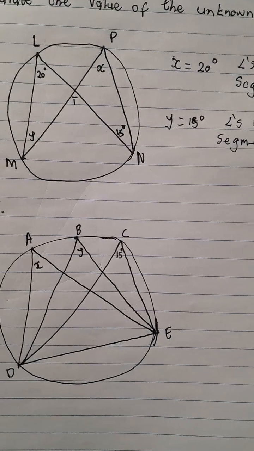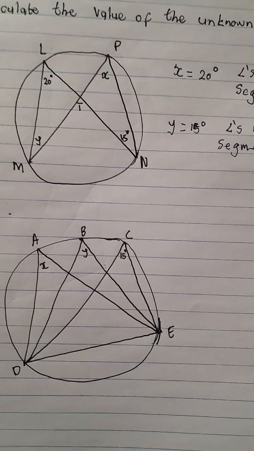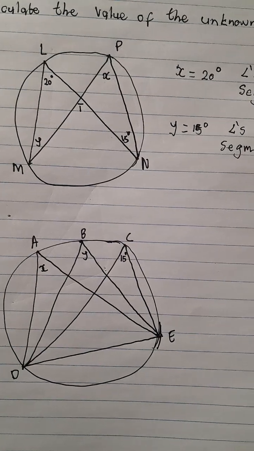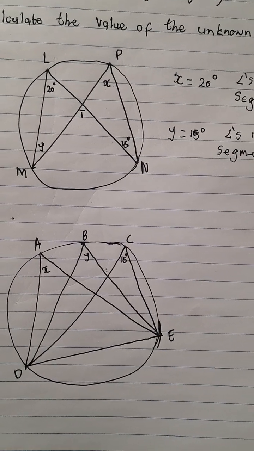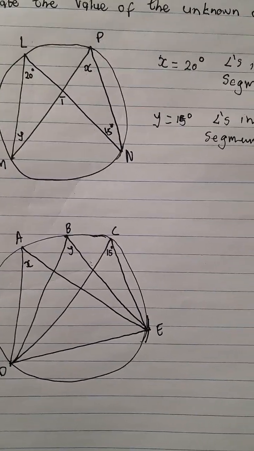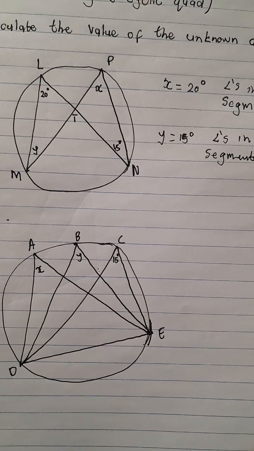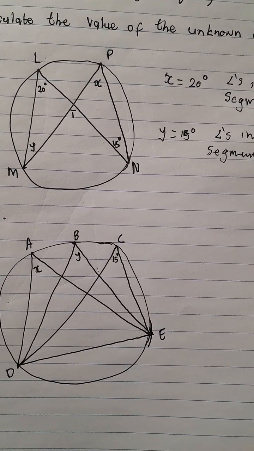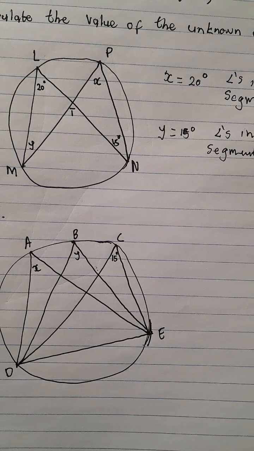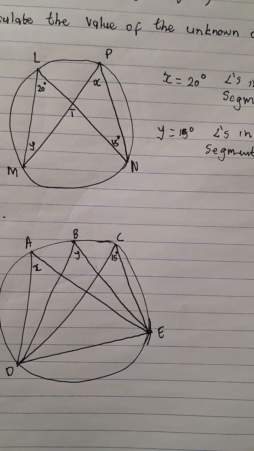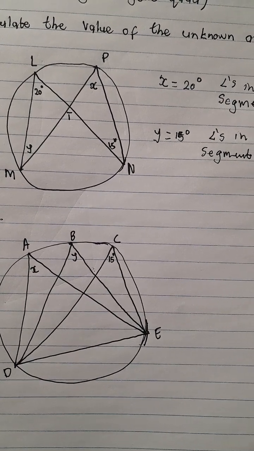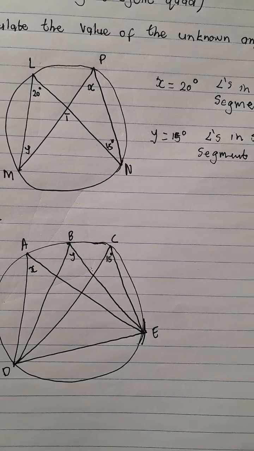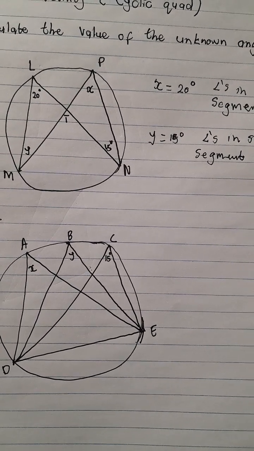Just as I've told you, do not rush. Analyze the diagram first. Think and do. Don't do and think. You think and do. So we will think first before we attempt it. You can see that angle X is equal to angle Y. What's the reason, Mr. Richard? The reason is that these are angles on the same segment, or arc subtends equal angles.